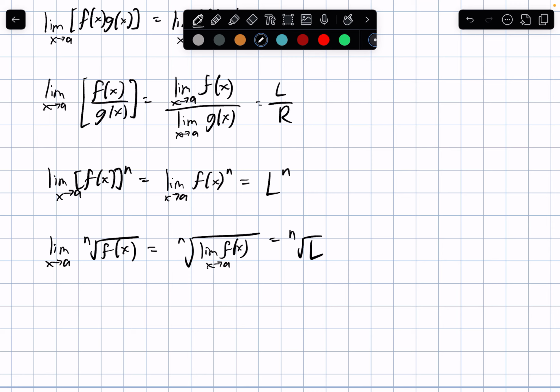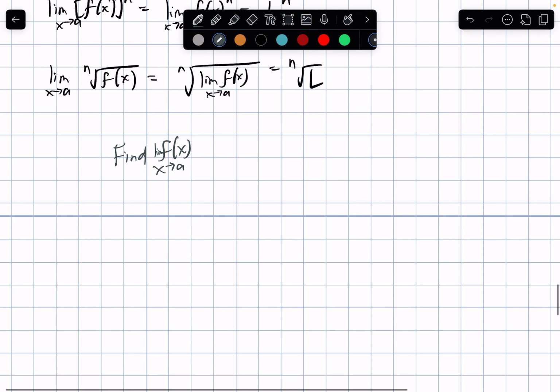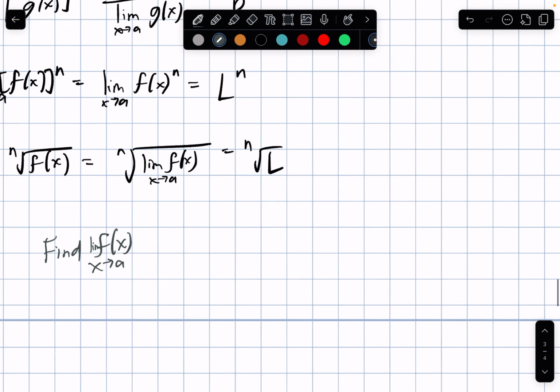Okay. So generally, you solve for the limit of f of x as x approaches a. Usually the most basic way to solve for limits is by direct substitution.